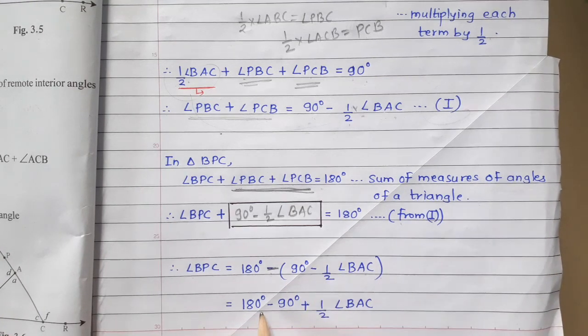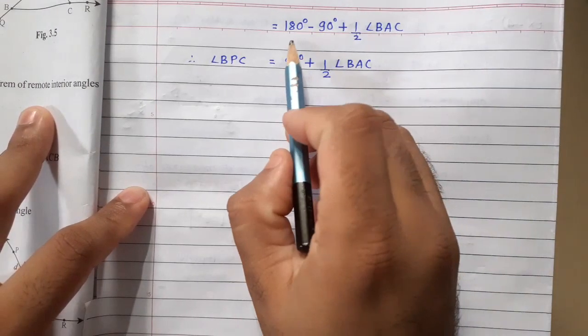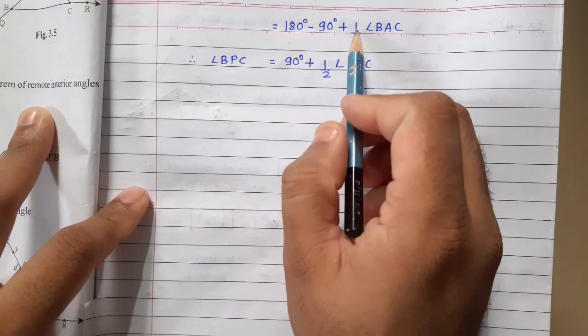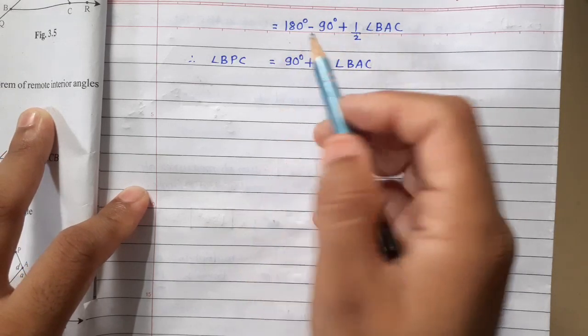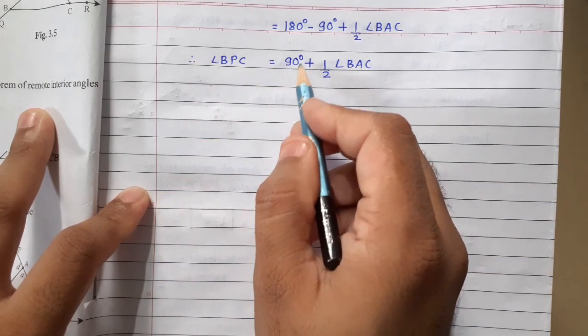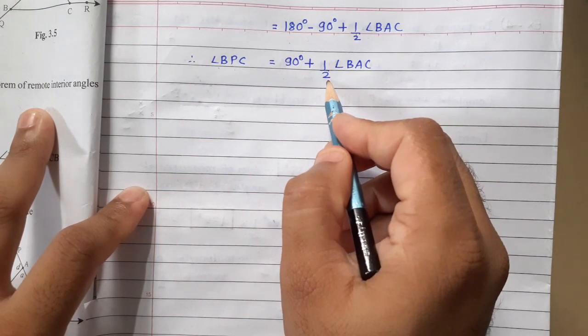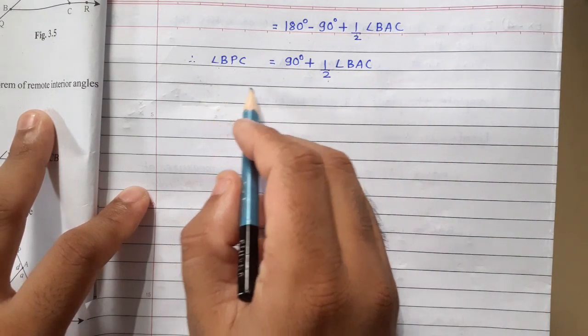Open the bracket: 180 degrees minus 90 degrees, and minus minus gives plus, so 180 degrees minus 90 degrees plus 1/2 multiplied by angle BAC. 180 minus 90 is 90. Then angle BPC is equal to 90 degrees plus 1/2 multiplied by angle BAC, and this is what we had to prove.